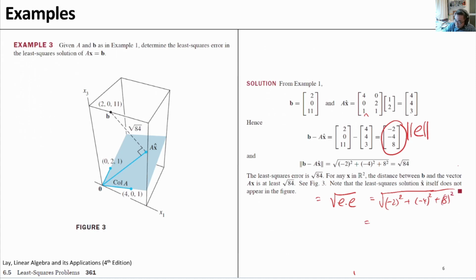And the answer is square root of 84. The length of the dashed line is square root of 84, showing us that this is the best that we can do, and there is still an error of square root of 84 units from A x hat to B.